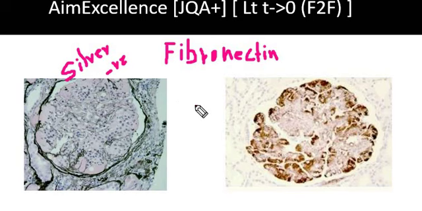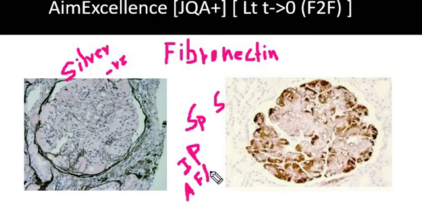And there is a special stain, immunoperoxidase staining for anti-fibronectin antibody. That is going to give rise to this sort of visual impression.